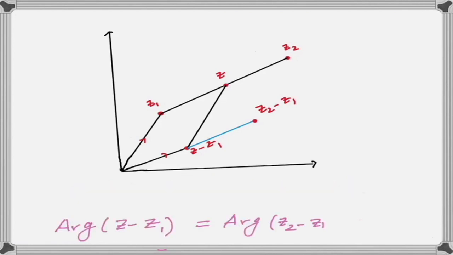But note that the complex number z minus z2 is in the opposite direction of the complex number z2 minus z, and hence the angle that the complex number z minus z2 makes with the positive real axis is theta plus pi, where theta is the principal argument of the complex number z minus z1.